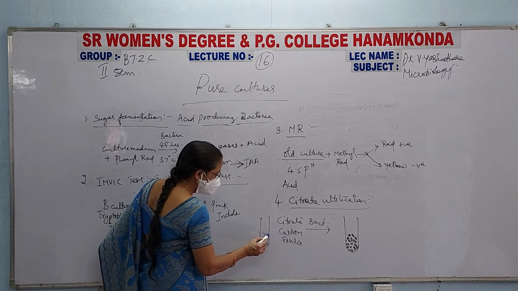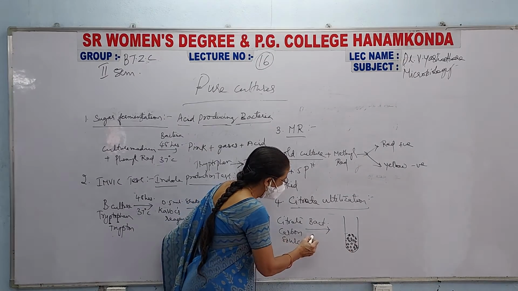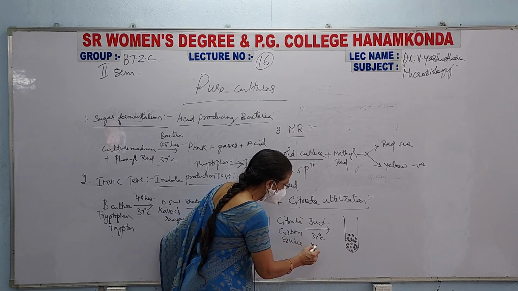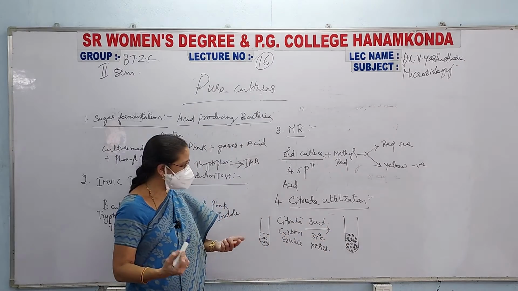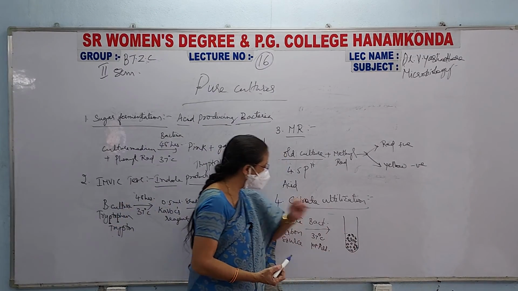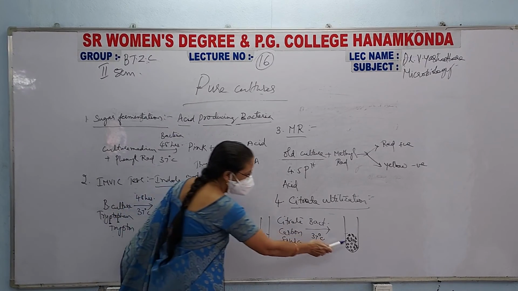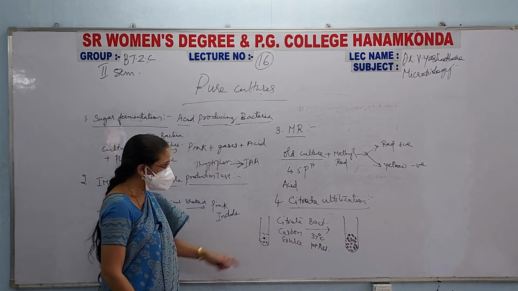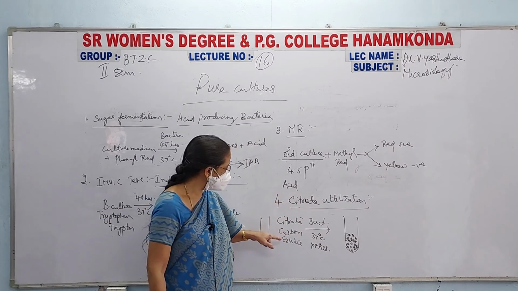Here the medium is transparent, with only 2 or 3 microorganisms, but after 37 degrees centigrade for 48 hours the bacteria multiply, the number of microorganisms increases, and the transparent medium becomes turbid. The turbidity tells us that the bacteria are utilizing citrate as a carbon source.